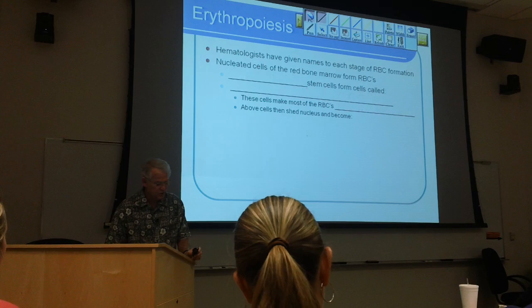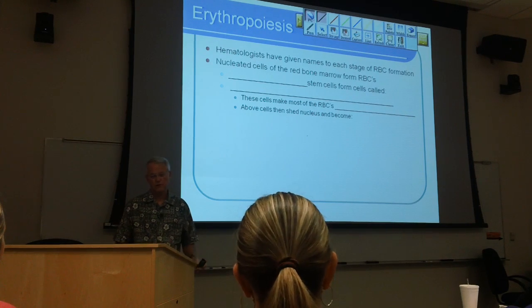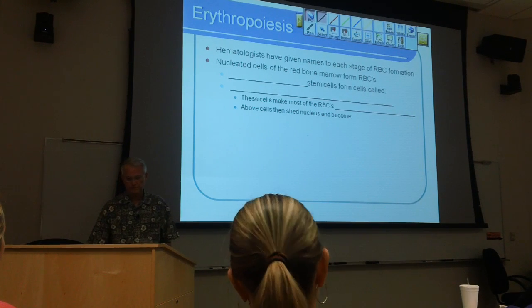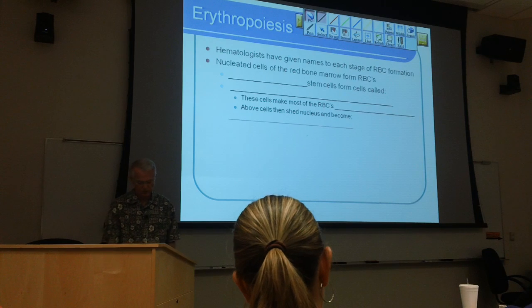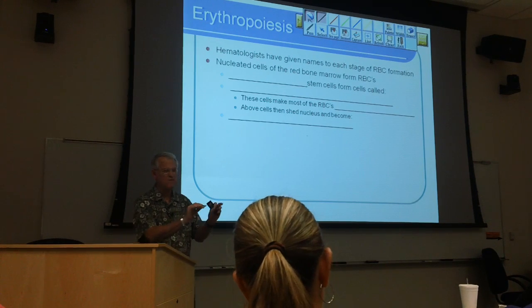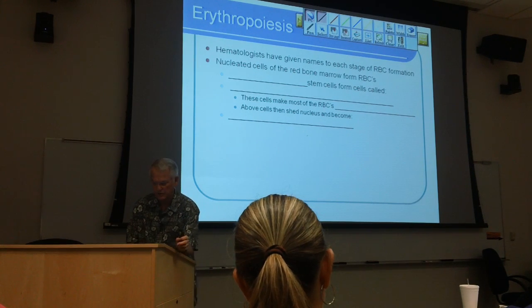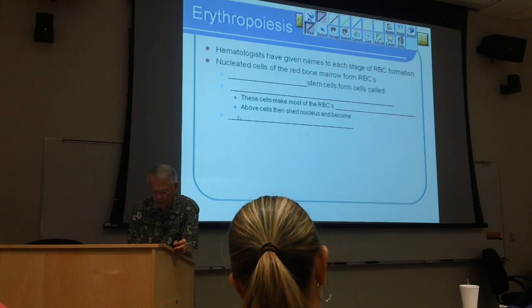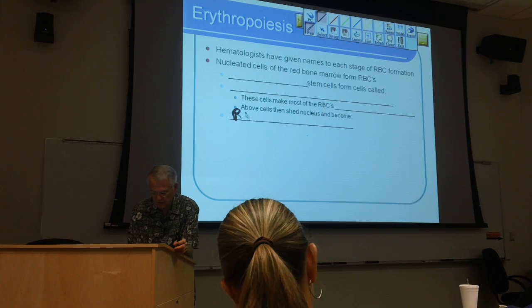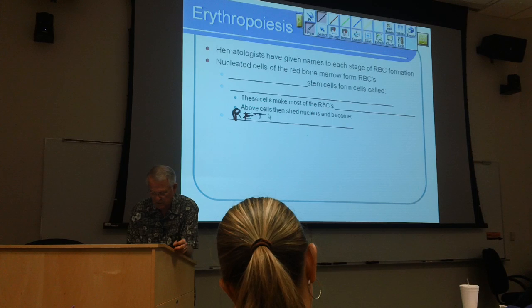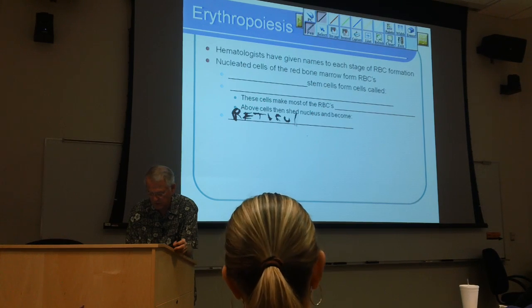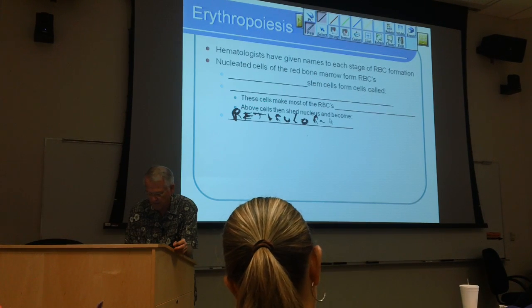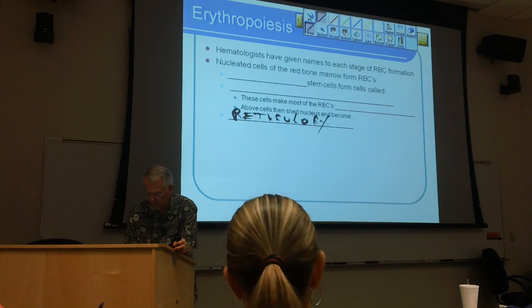The above cells then shed their nucleus before they leave the bone marrow and enter the blood. There may be a few of these in a blood smear, but not too many. They become cells called reticulocytes.